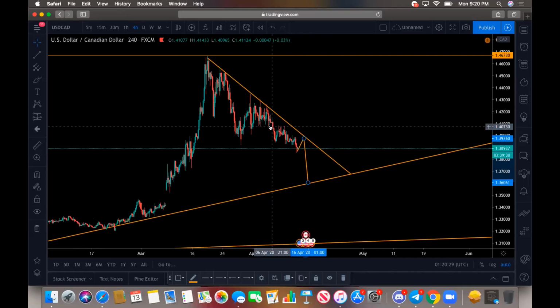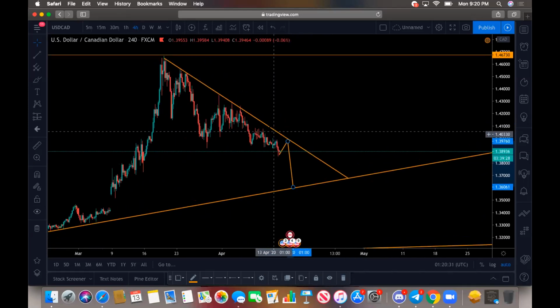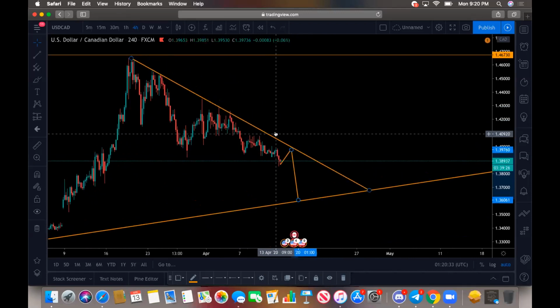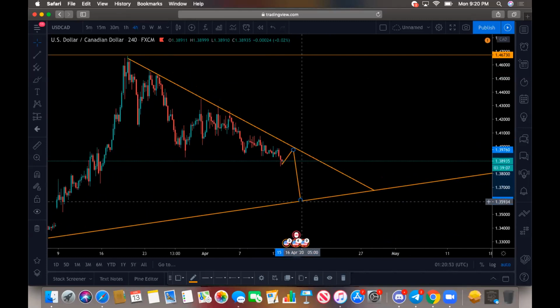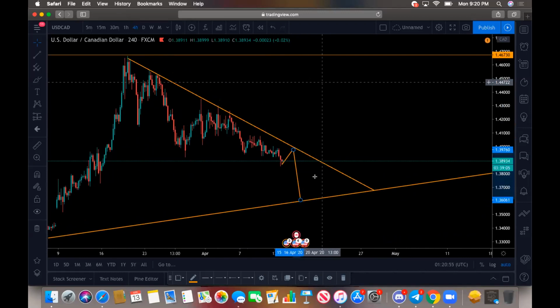So you're right in saying that we're looking probably for a sell, but overall we're going to be looking for that continuation up, probably back up to retest that high or in that area of resistance up there.